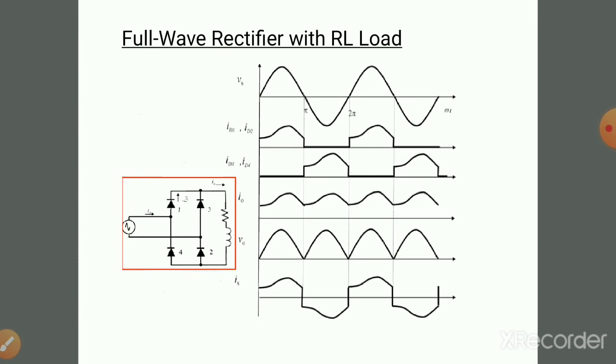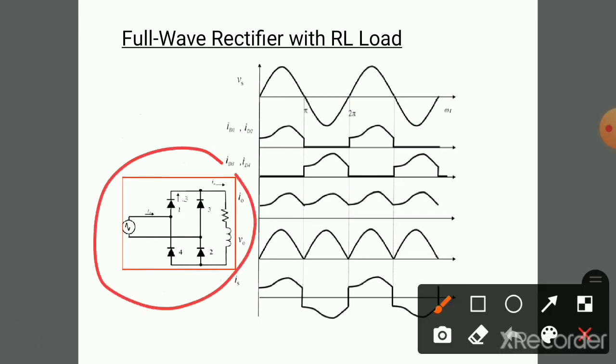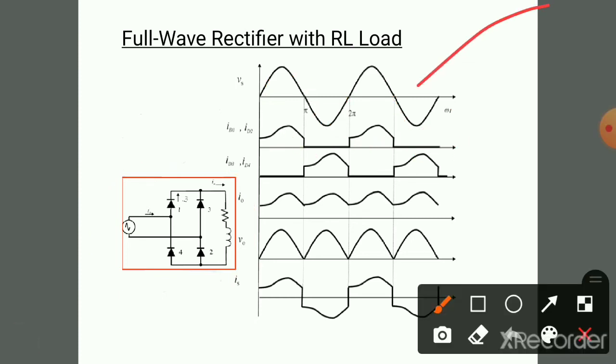Here you get various voltage waveforms where only pulsating voltage is obtained. This is the rectifier connected to RL load. This is the input voltage which is given. This is the diode current when diodes D1 and D2 are acting, and this is the diode current when diodes D3 and D4 are acting.